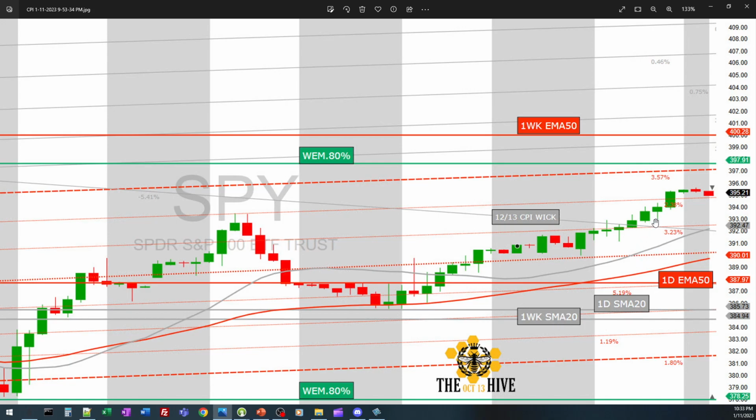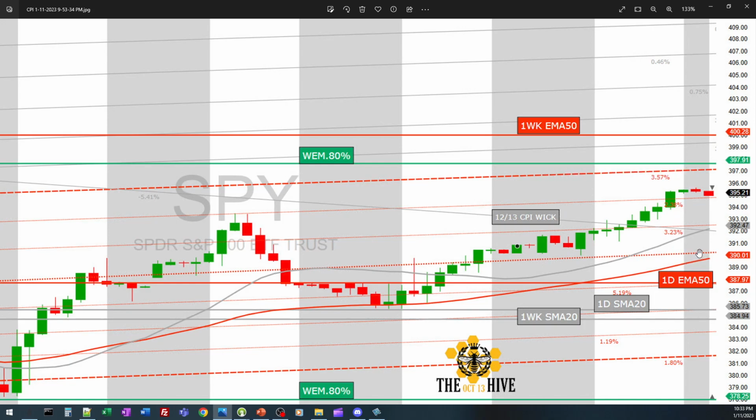Basically what I'm saying is if it pumps up and it comes down, it's going to find support at one of these levels, one of these EMAs and SMAs, or it's going to find support at one of these diagonal channel trend lines that I have here. See that? This dotted line is the original channel top that I've now expanded to be right here at 397 channel top.